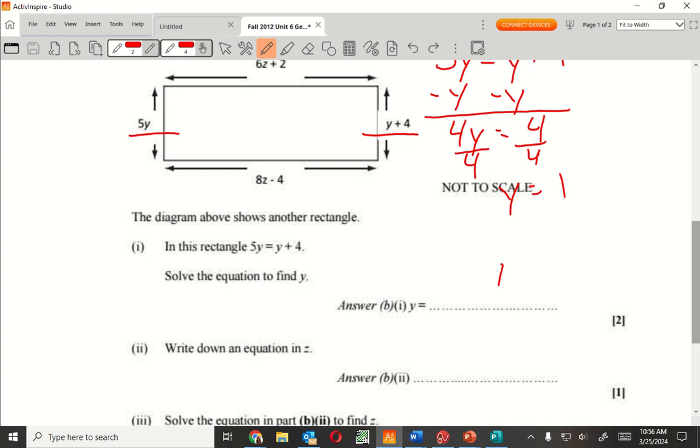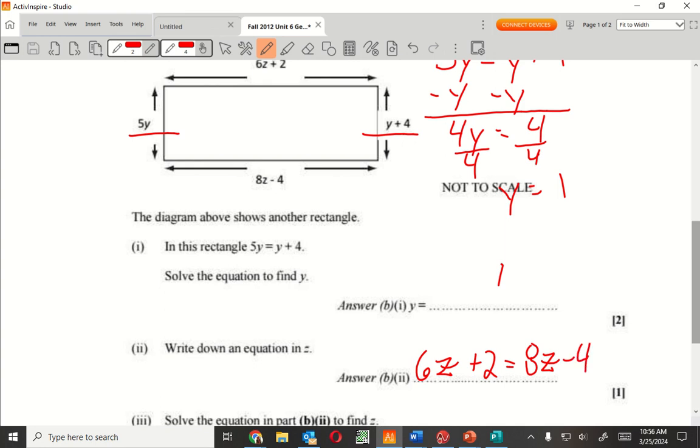Now this one, it's not asking you for the answer for z, it says write the equation. So how would I set up the equation for z? 6z plus 2, right? Equals 8z minus 4.